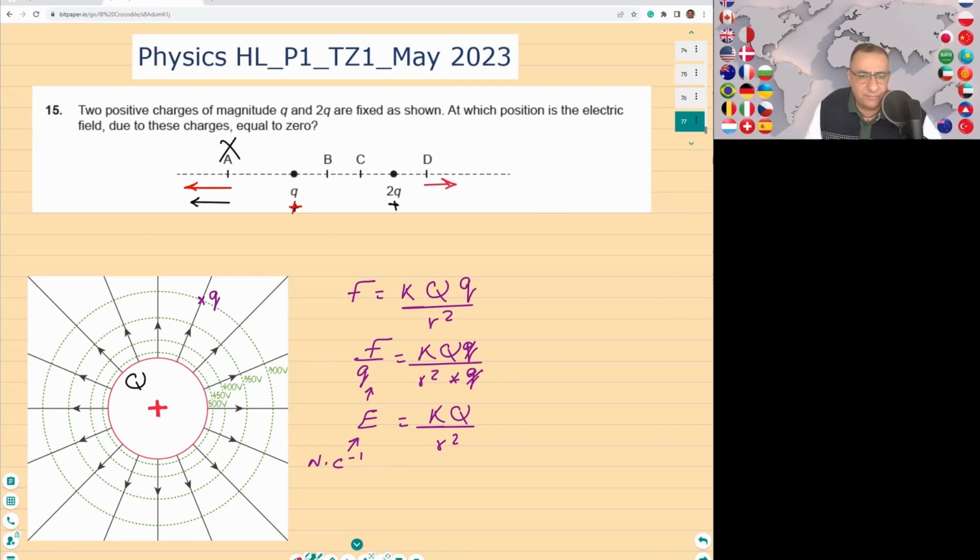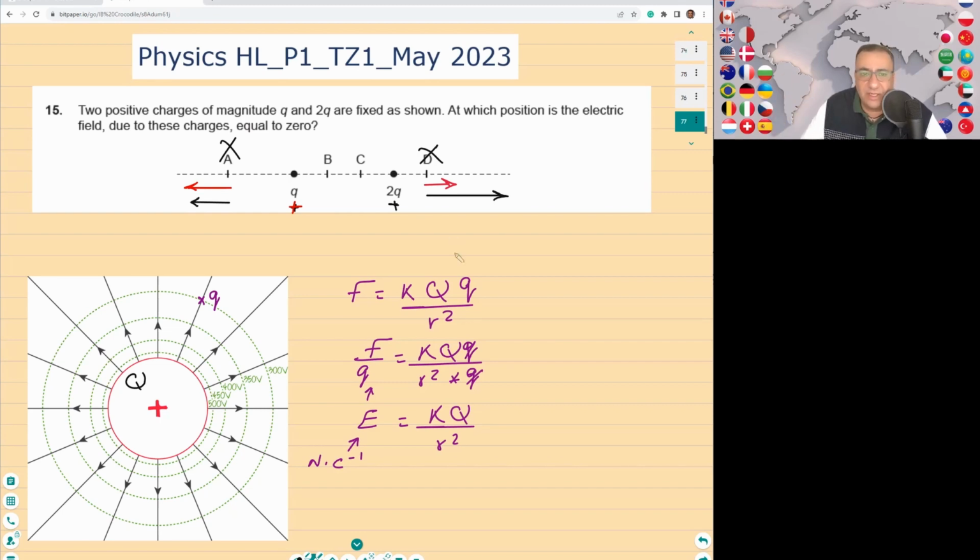But then I draw one electric field due to the 2q, again in the same direction because it is away from the charge, and it is closer to 2q, that's why I draw this a little bit bigger. It's not really the most important point here. The most important is to know where the point is 0. Again, D is out. Why? Because both of them are in the same direction. The vector sum will be even bigger.